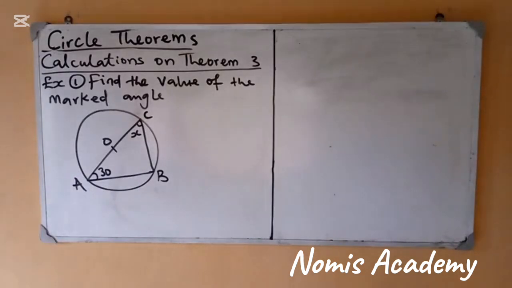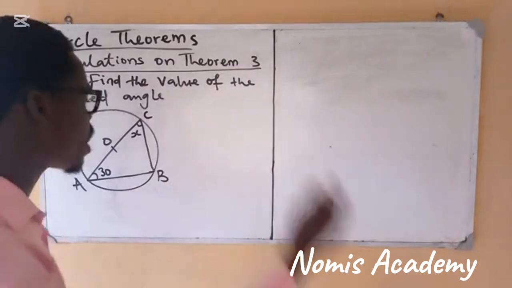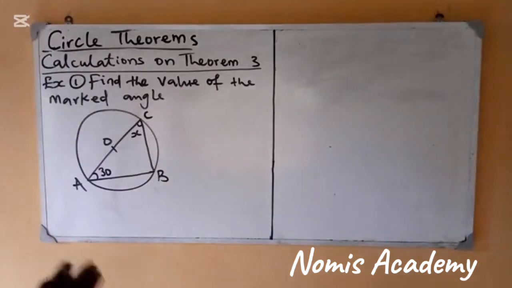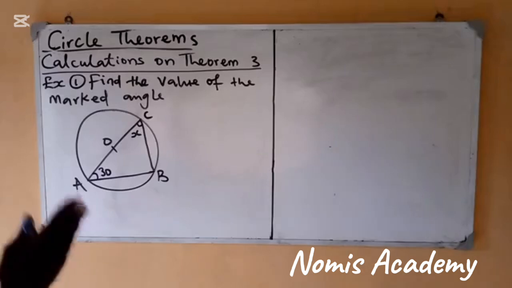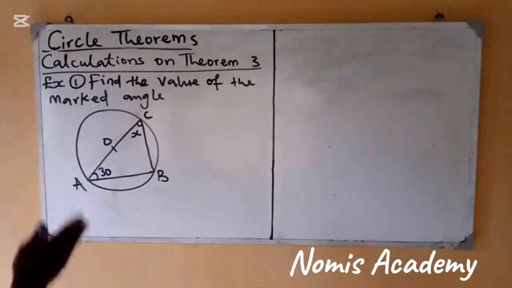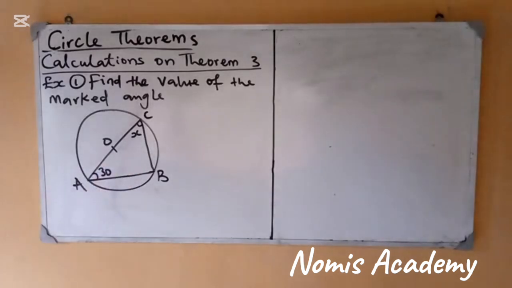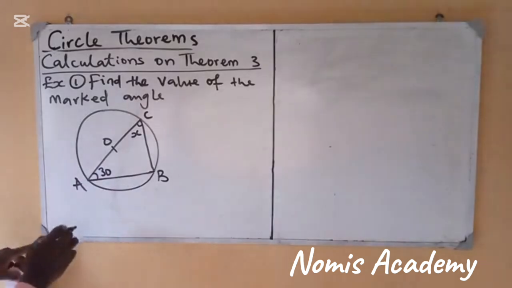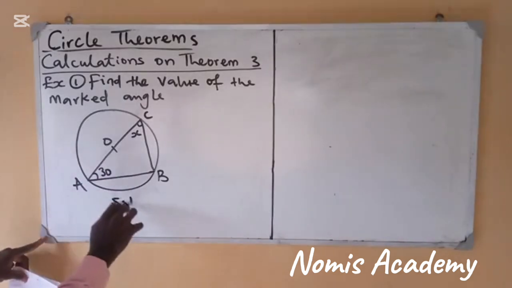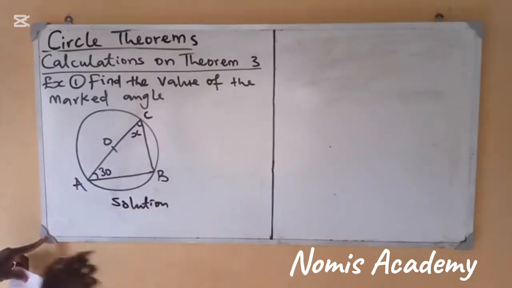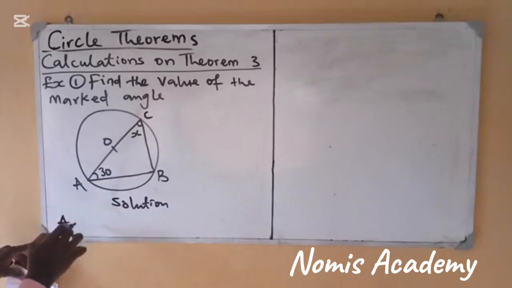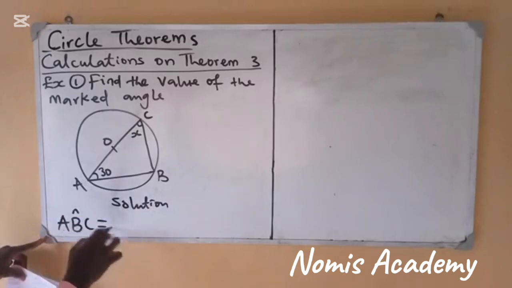So if you remember Theorem 3, which says that angle in a semicircle is a right angle or 90 degrees, it is very easy to solve this. So we can easily state that, solution, angle ABC is equal to 90 degrees.